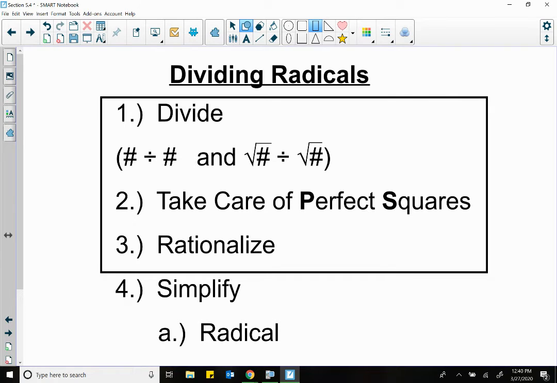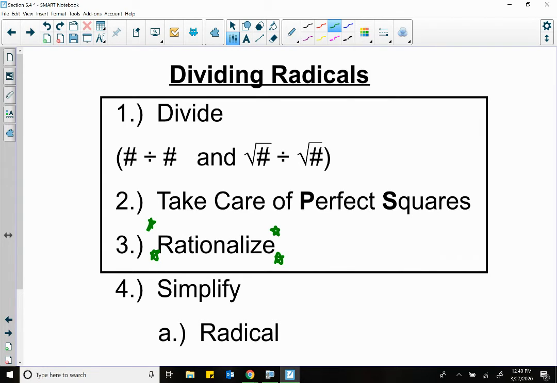If I can't do division, then let's see if there's any perfect squares that we can take care of. Because if there are perfect squares that we can take care of, that makes life a whole heck of a lot easier. If there aren't any perfect squares, then the big thing that we're going to talk about is what we call rationalizing. Okay? So that's the big thing with division that we need to make sure that we understand is how to rationalize.